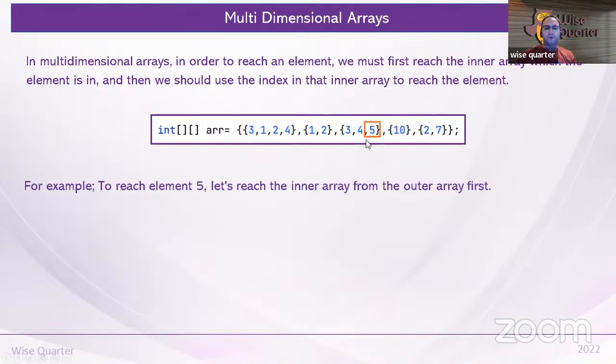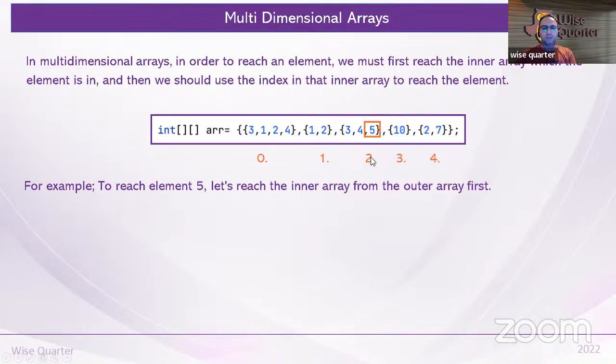Yes, if you want to reach this one without checking the results, let me see. Index 0, index 1, index 2. This 5 is in the third array. So I should use array index 2, and the inner array's third element, index 2.